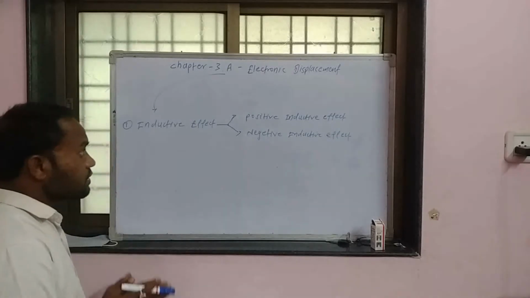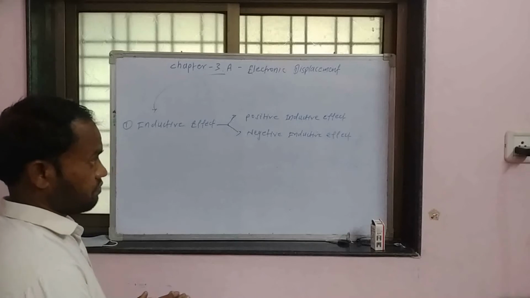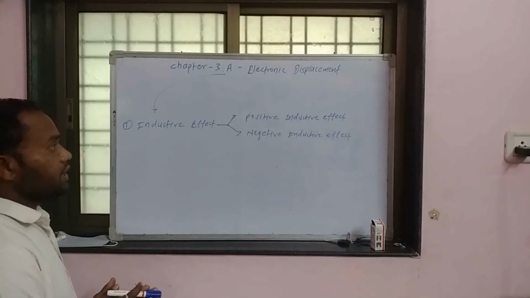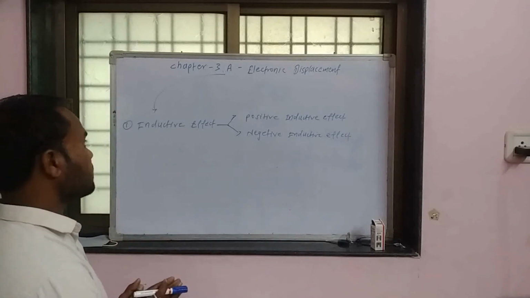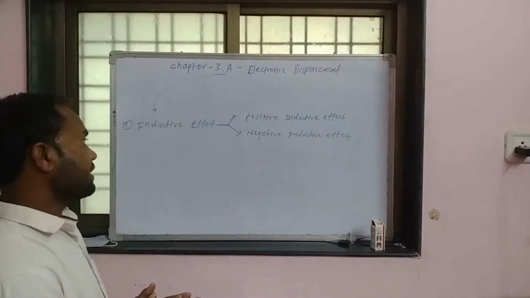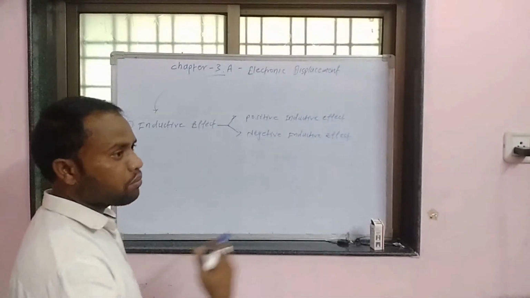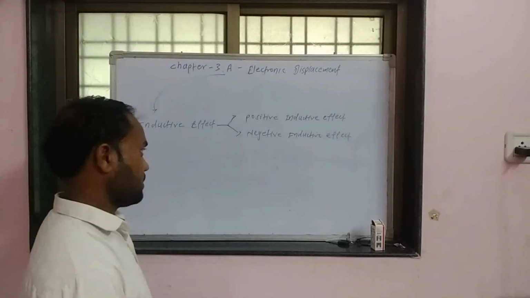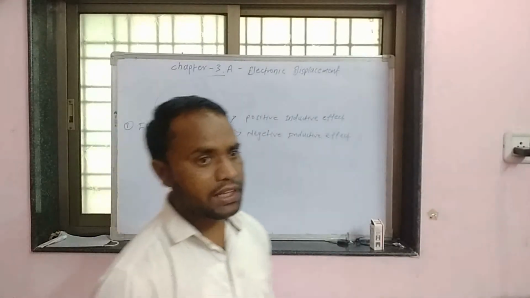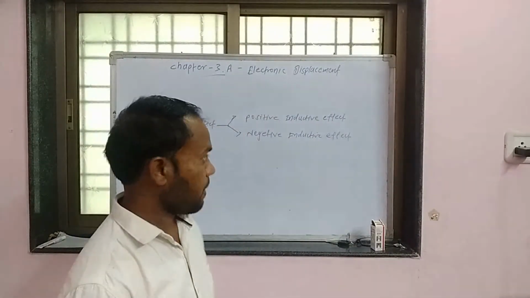The sigma electrons which form the covalent bond are shared equally between the two atoms. If the bonded atoms have different electronegativity, then the bonding electrons are attracted toward the more electronegative atom, which induces a certain degree of polarity in a covalent bond.